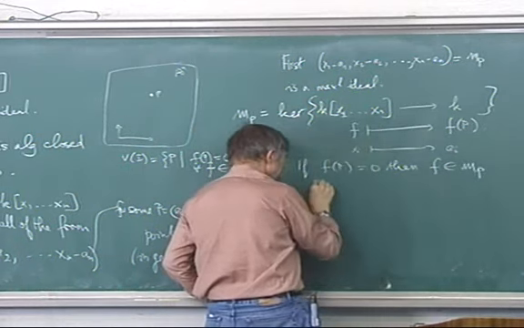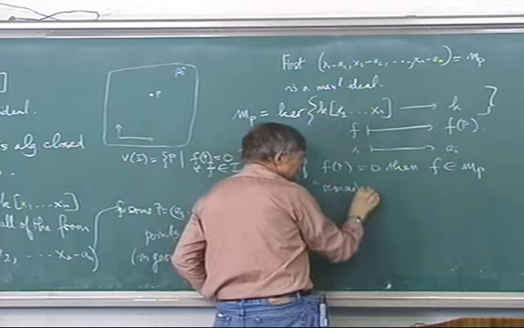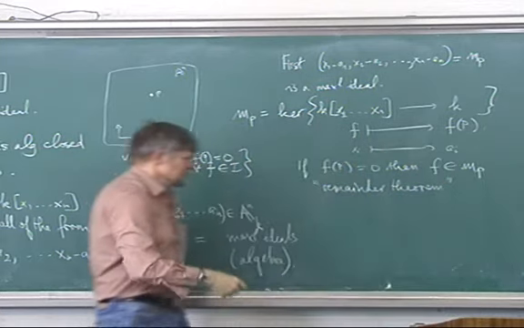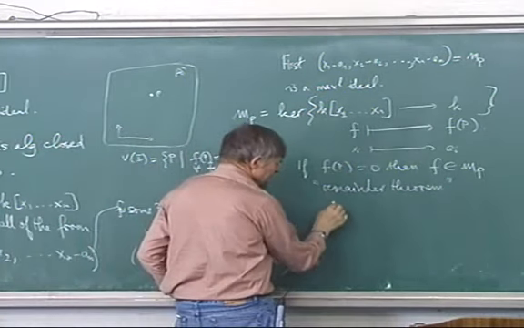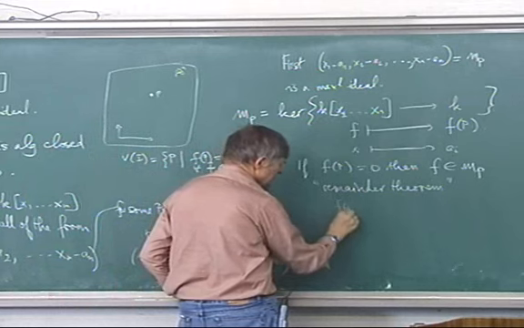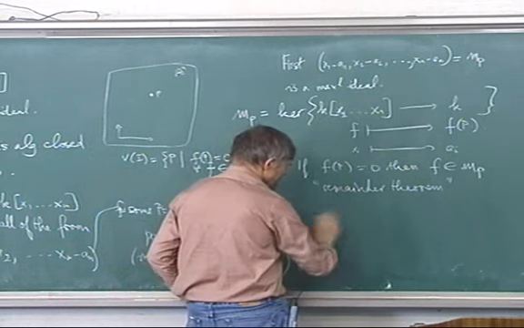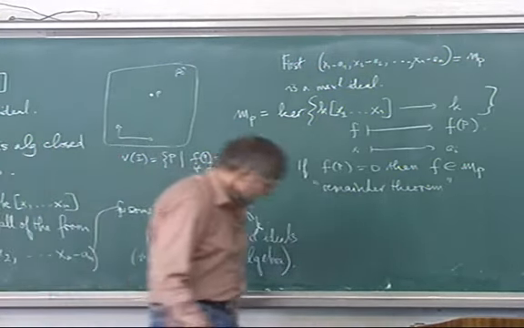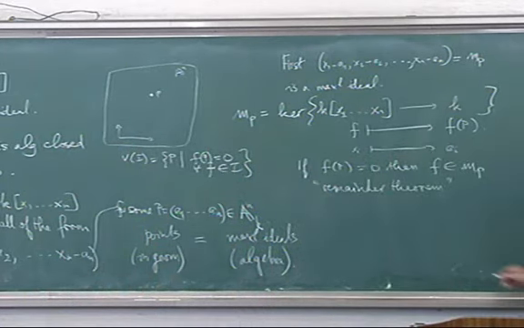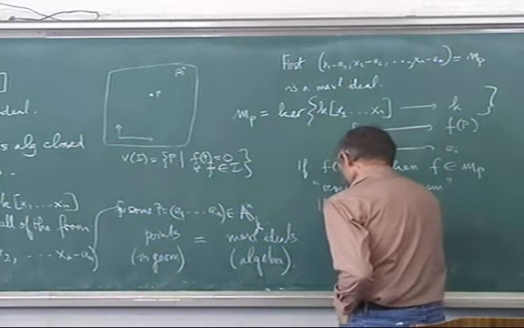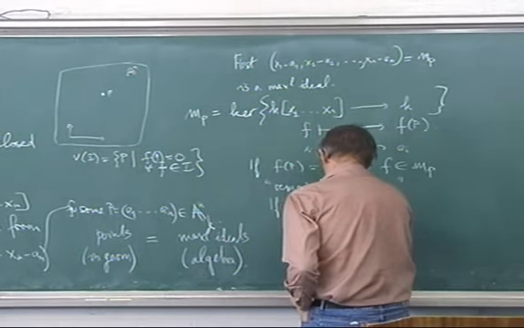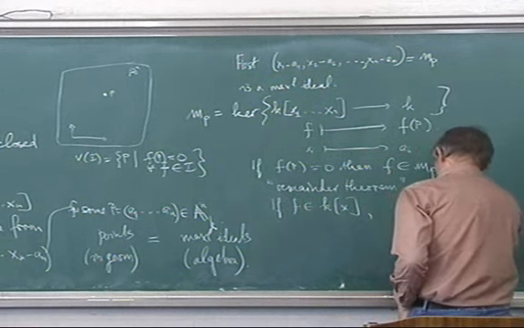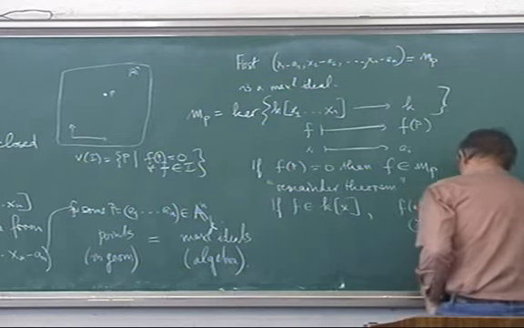This is like the remainder theorem: if f is a polynomial in k[x], then f(a) = 0 if and only if x - a divides f.